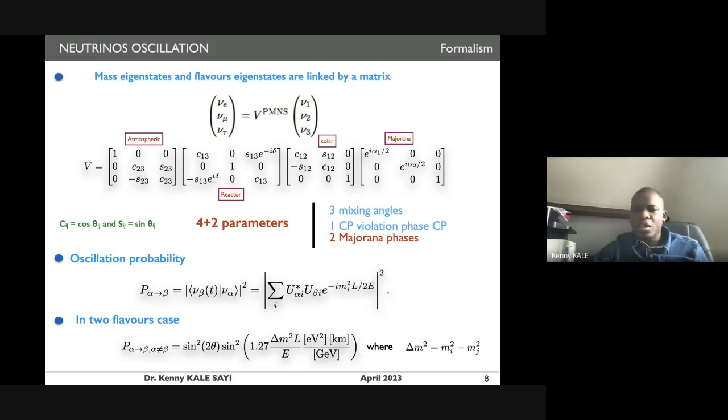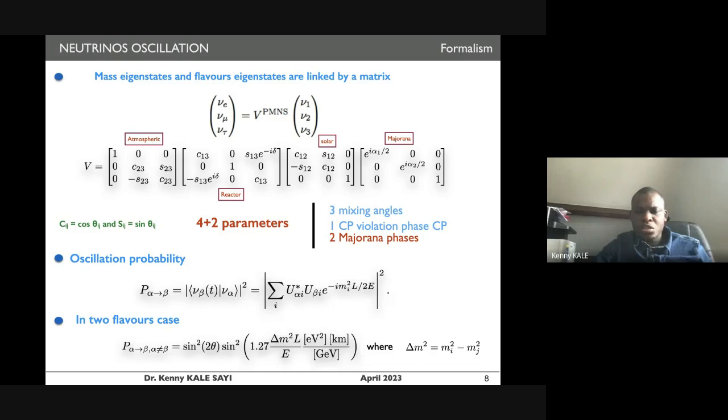In mathematics, we say that mass eigenstates and flavor eigenstates are different, but they are connected by a matrix, and this matrix is what we call the PMNS matrix, for Pontecorvo, Maki, Nakagawa, Sakata. This matrix links the flavors and the mass states. There are many parameterizations of this matrix. One of them is the expression given here. Maybe I will say a few words if you have any question about this afterwards.